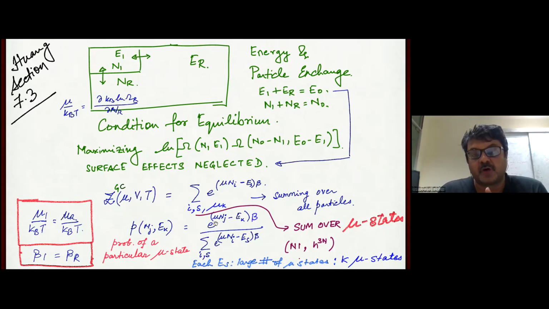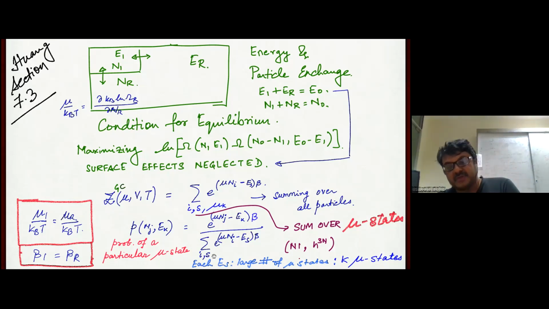So that's the probability of accessing a particular microstate, and the principles are very similar to what was there in the canonical ensemble, divided by the grand canonical partition function. And of course, the grand canonical partition function is a sum over all possible microstates. So this is the grand canonical partition function.